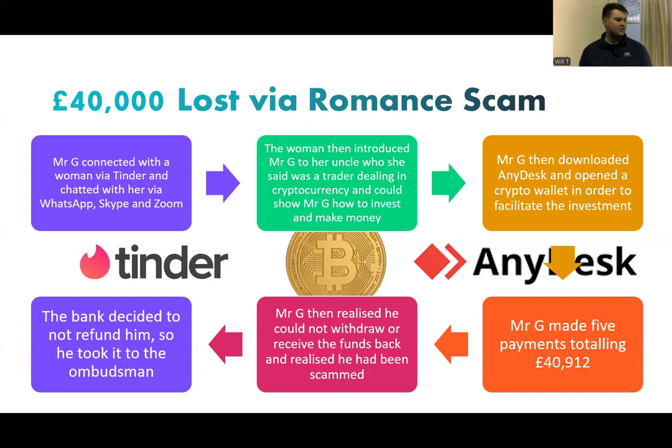And as soon as he tried to withdraw the money, they're like, oh, you have to pay tax, and we have to take our fees, and ultimately you just can't withdraw it. They've got the money. Once you've sent it, they've got it. And the bank said they made so many attempts to stop him from sending the money. They gave him so many warnings, and he still fell for it. So they didn't want to refund him.